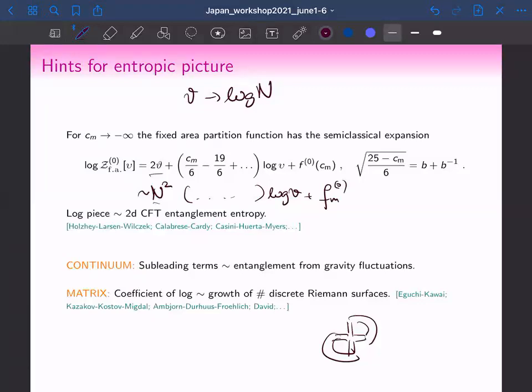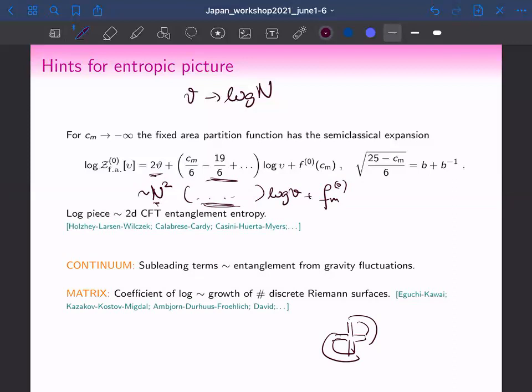All of these quantities we can maybe interpret as subleading effects upon coupling the CFT to gravity. But there's also a quantity in the matrix associated to them, so it might give ideas of what is possibly being counted. And something very beautiful is that already the tree level in the matrix picture is something very discrete.